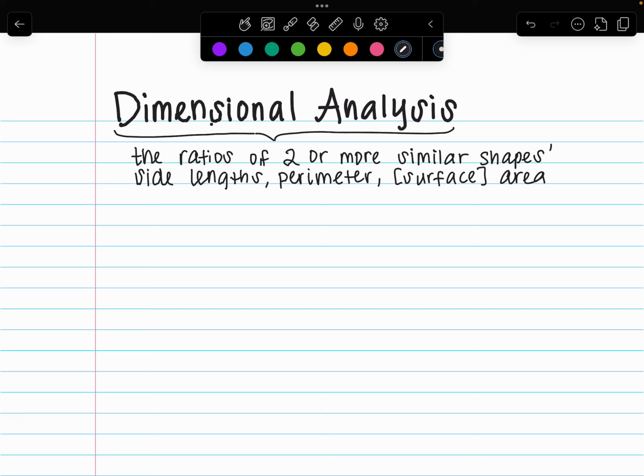I put the surface in square brackets because it could apply to just regular area and not surface area as well. And volume.